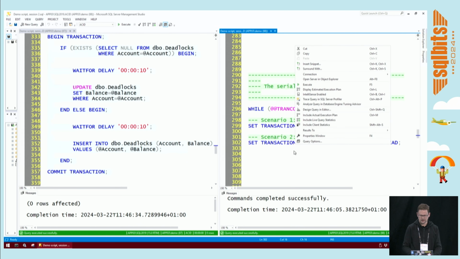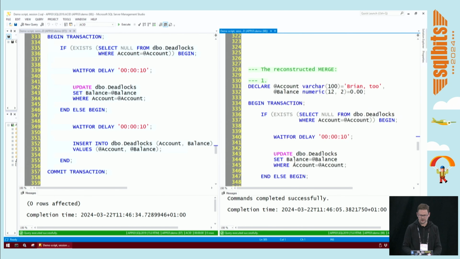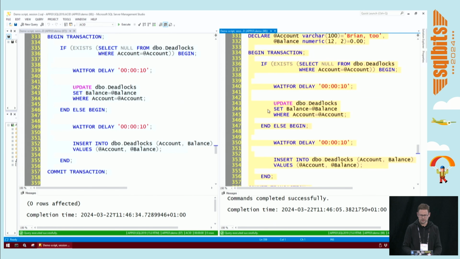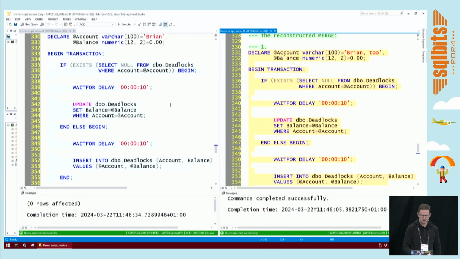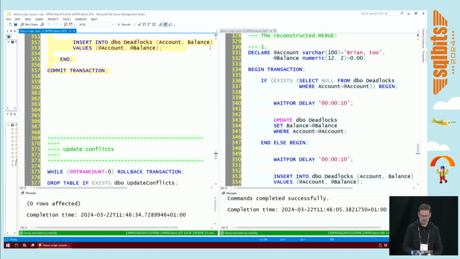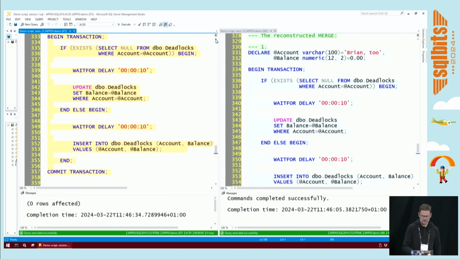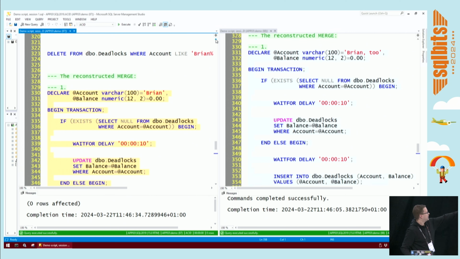So this is basically a manual merge statement that I've written. I'm going to prepare that on the right-hand side as well. These are exactly the same. So I'm running exactly the same commands, but I promised you that the rows would be unique. So on the left-hand side, we have Brian. And on the right-hand side, we have Brian 2.